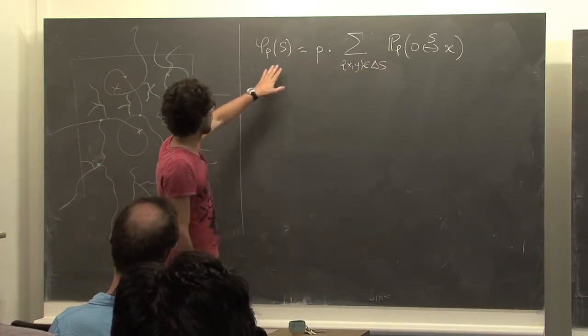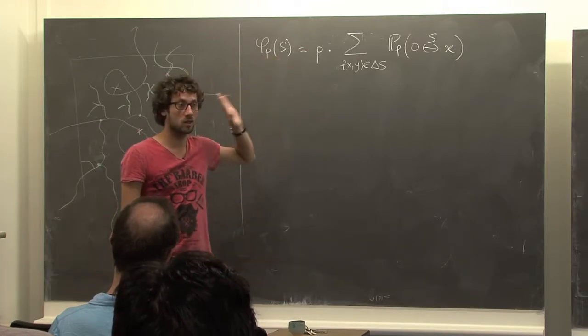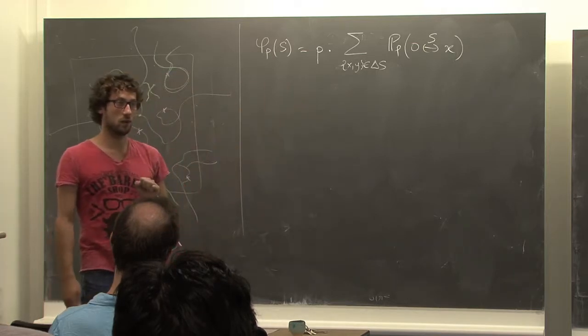And remember we said, if I can find just one S for which this is strictly smaller than 1, then I have exponential decay.